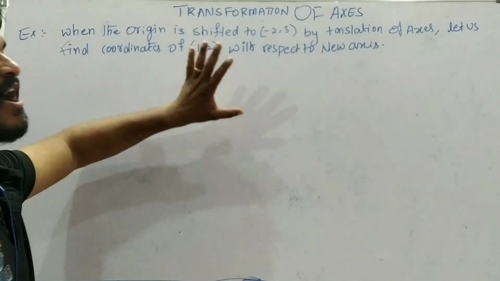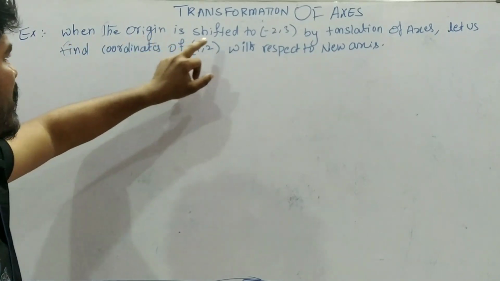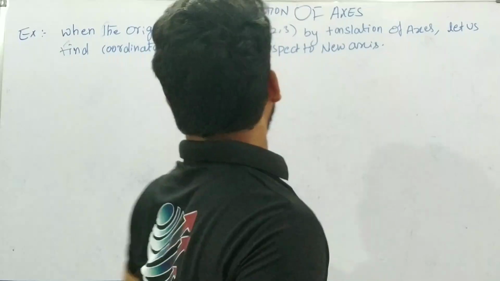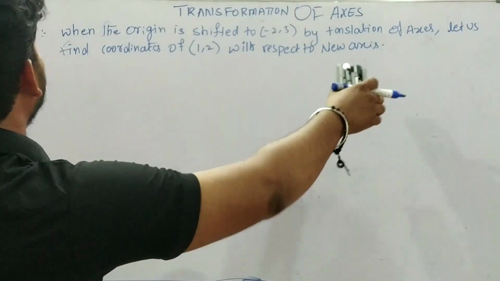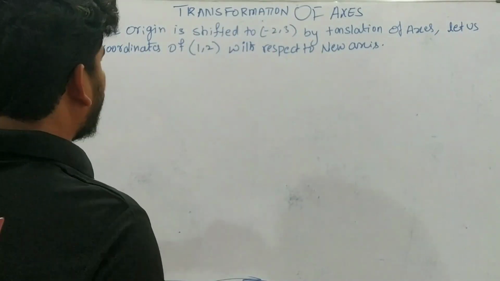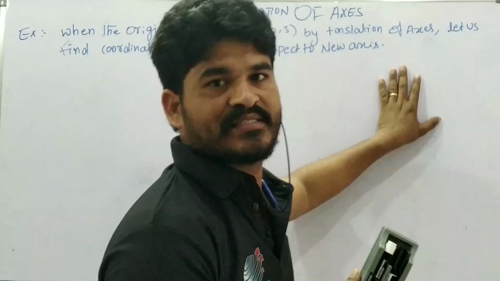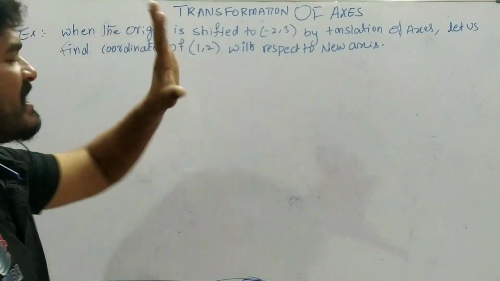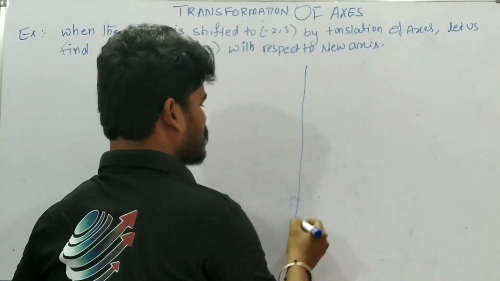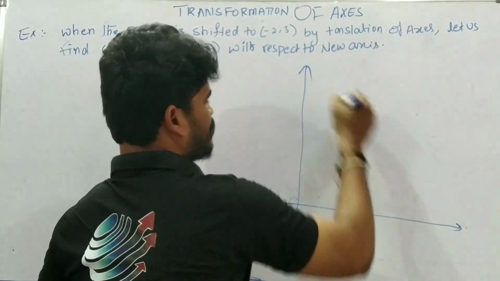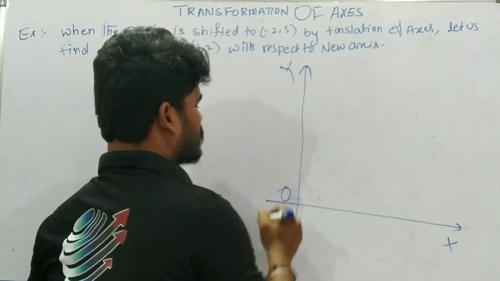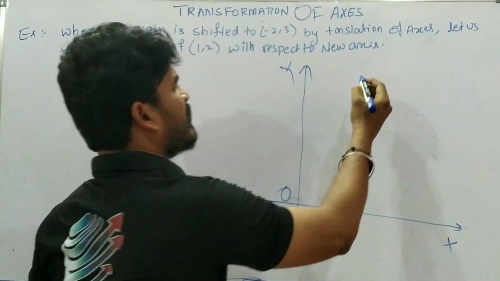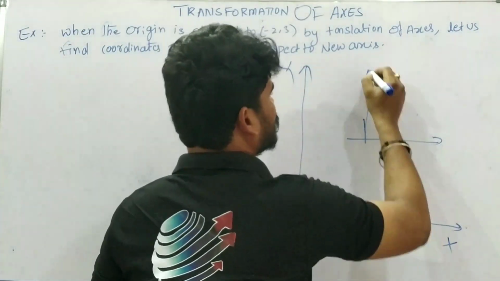Next we will discuss one small example. When the origin point is shifted to (-2, 3) by translation of the axes, let us find the coordinates of (1, 2) with respect to the new axes. Here, the origin point is shifted. These are the x and y axes, and this is the origin point; assume that the origin point is shifted.